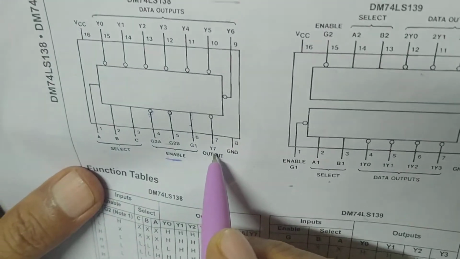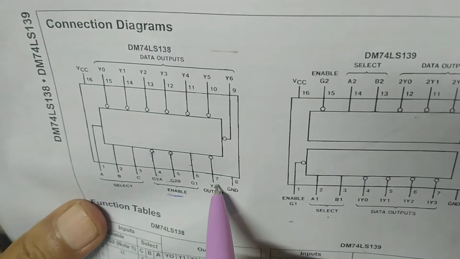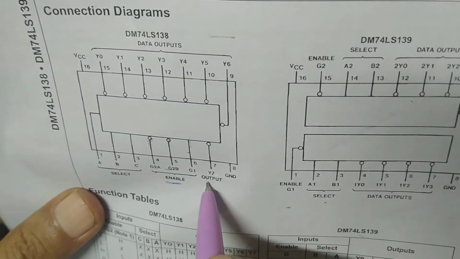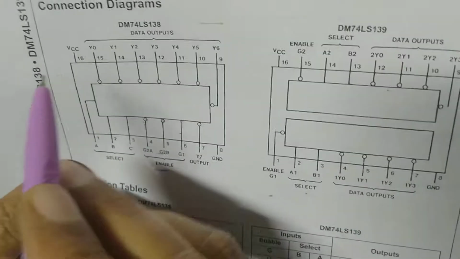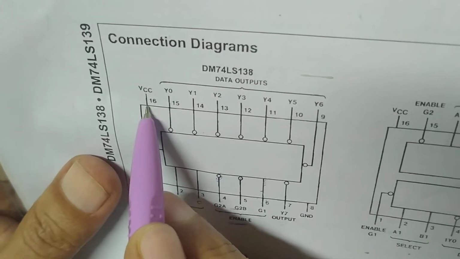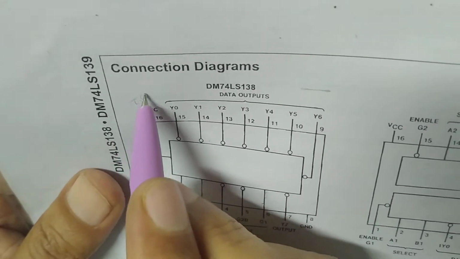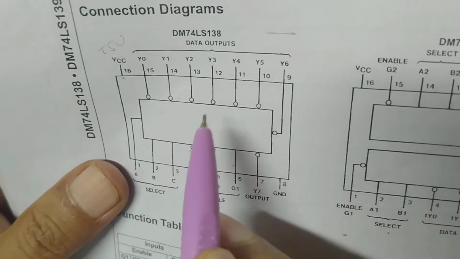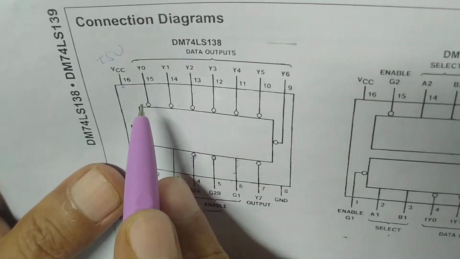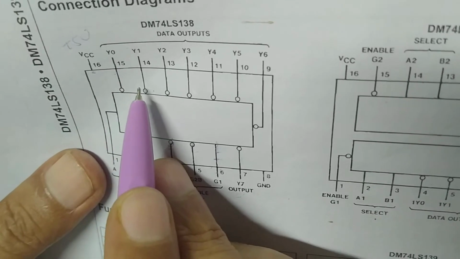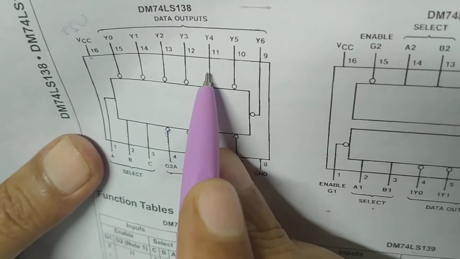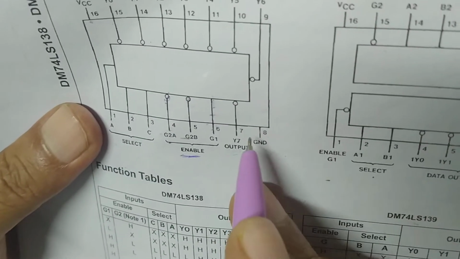Then see this Y7. This is the output pin. 8 is the ground pin. Then 16 is the VCC pin, where we have to apply a plus 5 volt supply. Then these pins are the output pins, Y0 to Y7: 15, 14, 13, 12, 11, 10, 9 and 7.